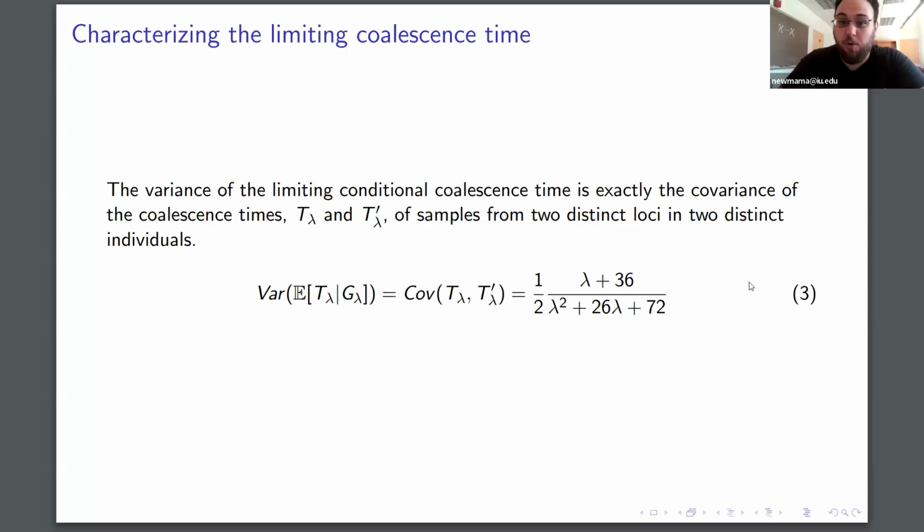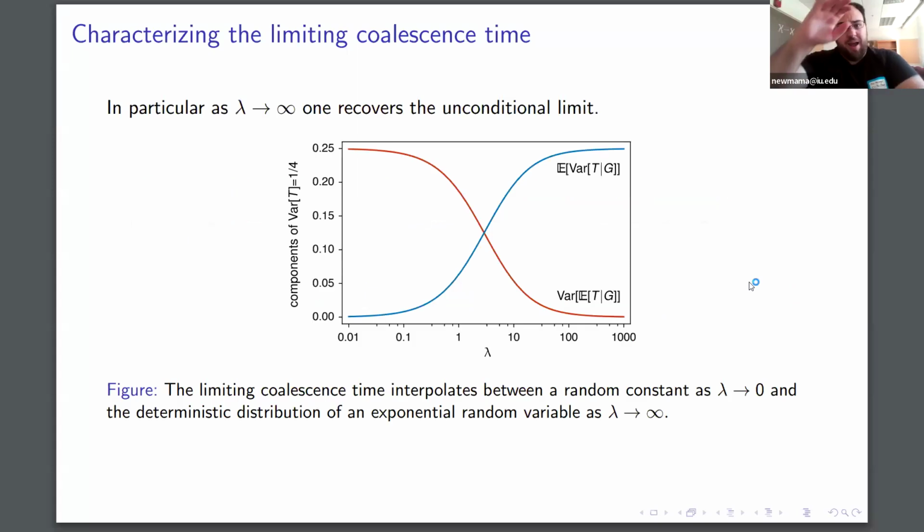And it's given by this nice formula that decays like 1 over lambda. And because we found this connection to ancestral recombination graphs, the ancestral graph, in fact, this is also identically equal to the probability that the two times are the same, which is interesting, right?